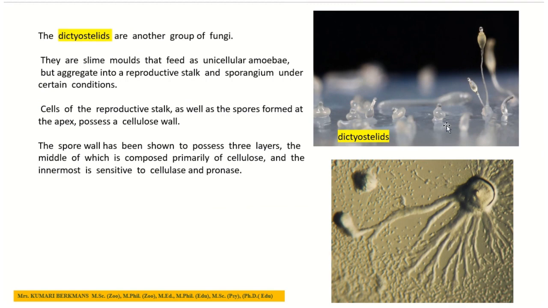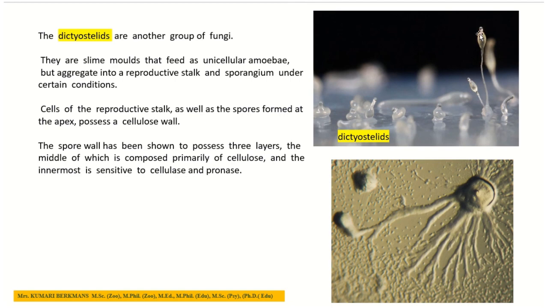Dictyostelids. This is another group of fungi. What you are seeing here is that fungi. They have a reproductive stalk and a sporangium. The reproductive stalk as well as the spores formed at the apex possess a cellulose wall.